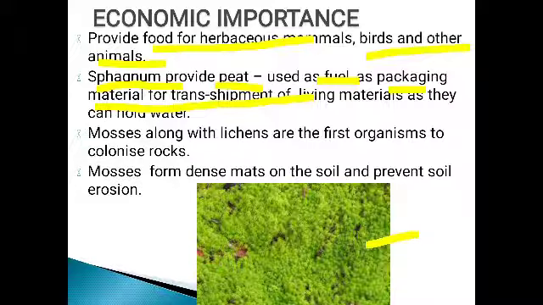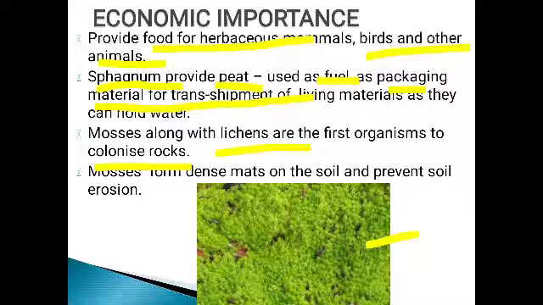Then mosses along with the lichens are the first organisms to colonize rock. In the beginning I told you that on a bare rock, the first organism to occupy that rock will be lichens, isn't it? So along with the lichens which can colonize the bare rock, there are the mosses.